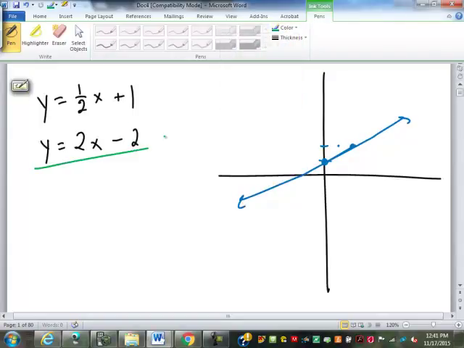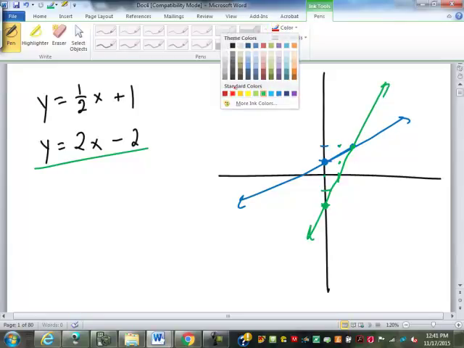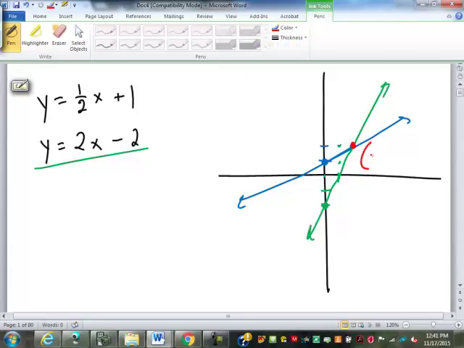For the second one here, y equals 2x minus 2, where do we start? Negative 2. And from there we go up 2 over 1. Up 2 over 1. And we find that those two lines cross or intersect at, in this case, the point 2, 2.